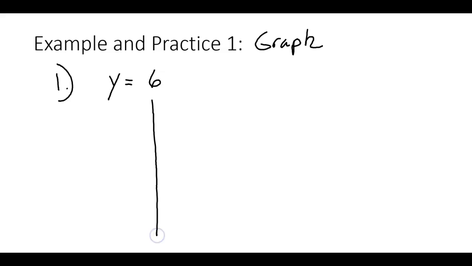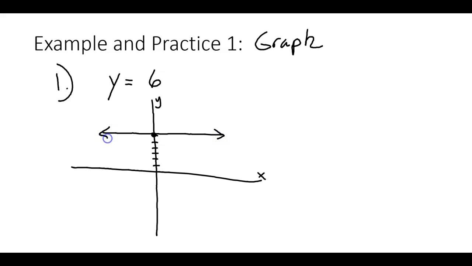All right, so this says y equals 6, right? So this is the y-axis, this is the x-axis. So we're going to find where y equals 6, which is going to be on the y-axis. So we're going to go up 6. So that's where y equals 6. And we said that when you have y equals a number, it's just going to be a horizontal line. So it's going to look like this.